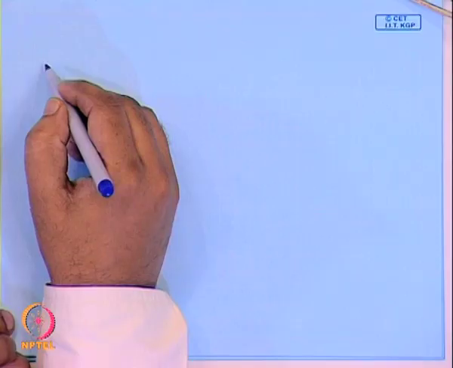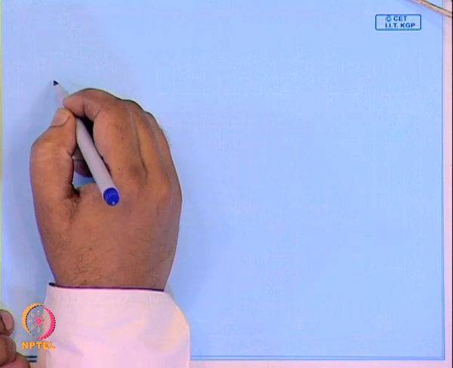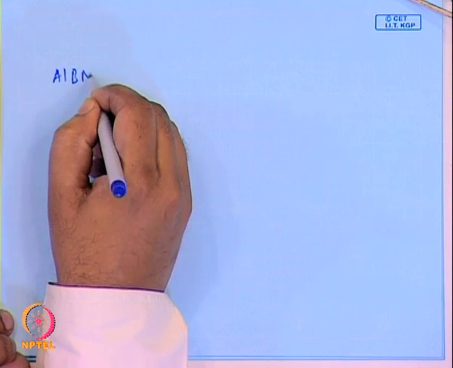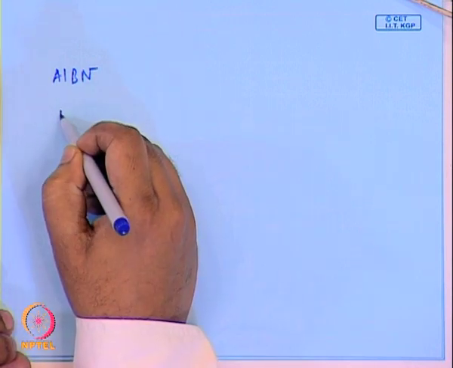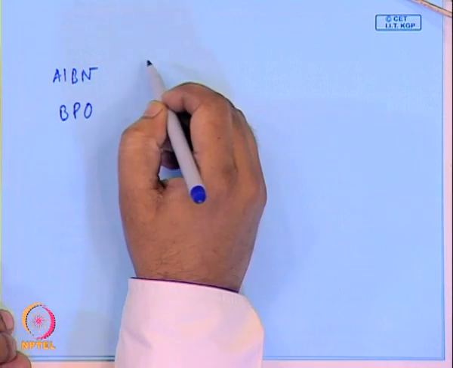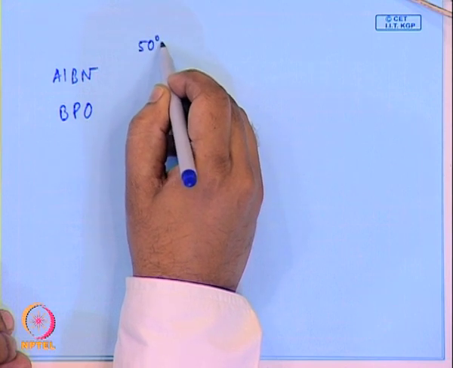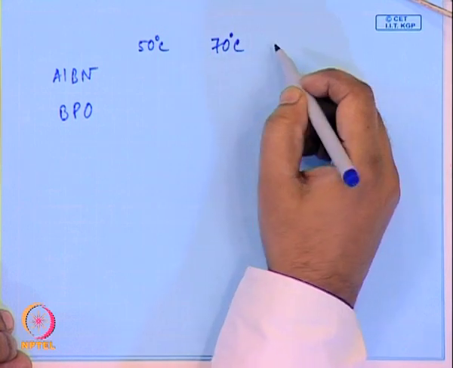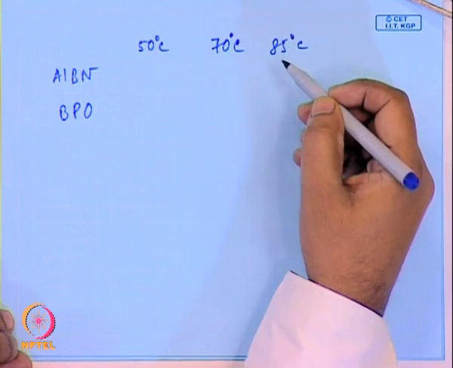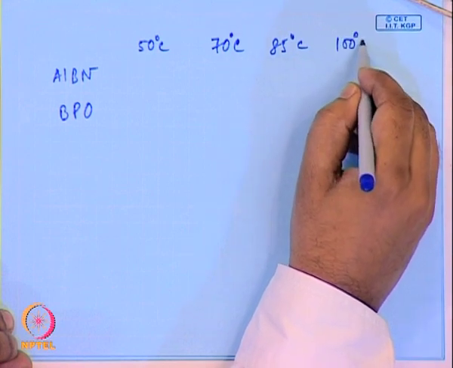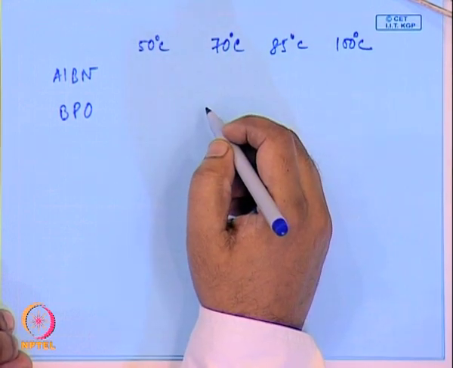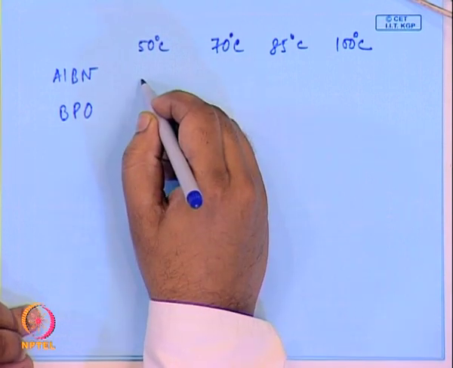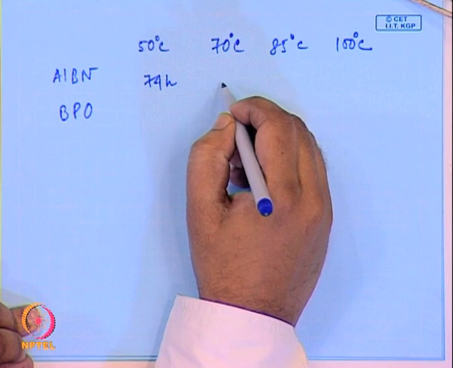For example, if I look at the t half values for some commonly used initiators, like AIBN and benzoyl peroxide, BPO, and if I write the values of t half, then let us have these numbers.